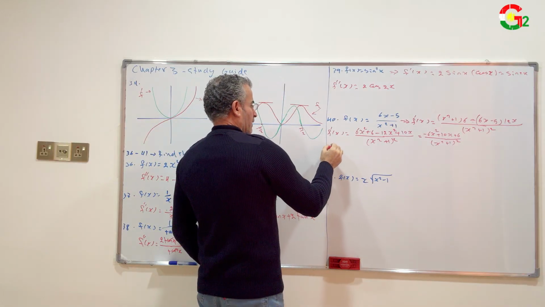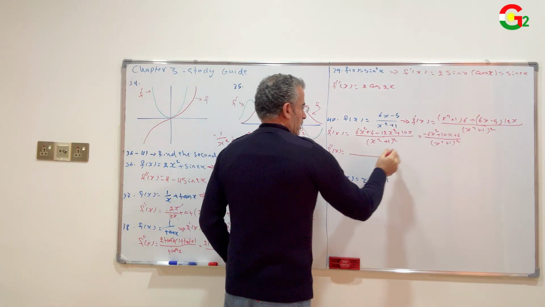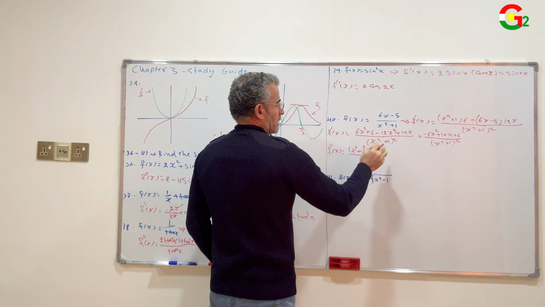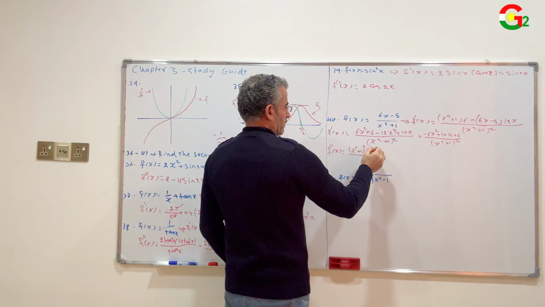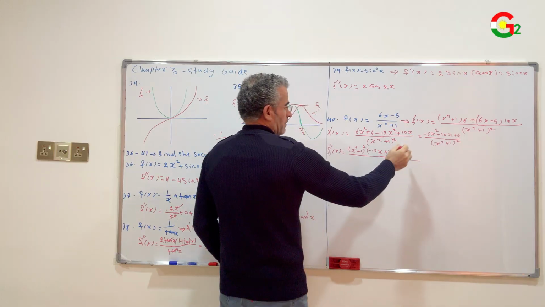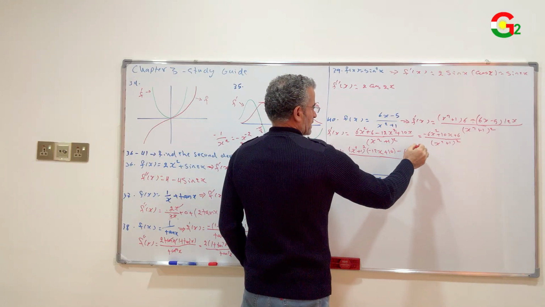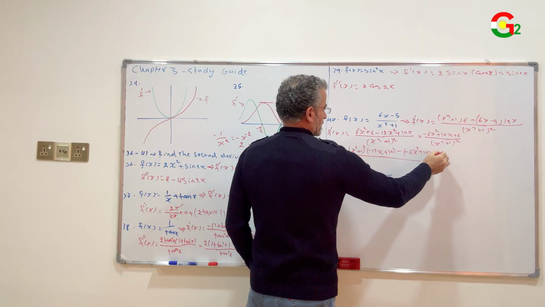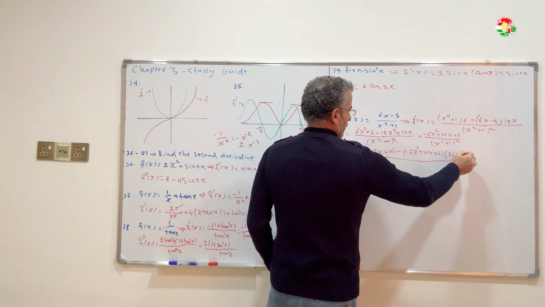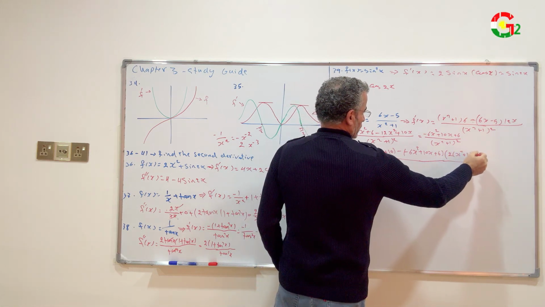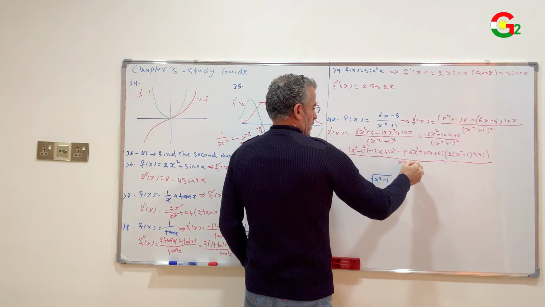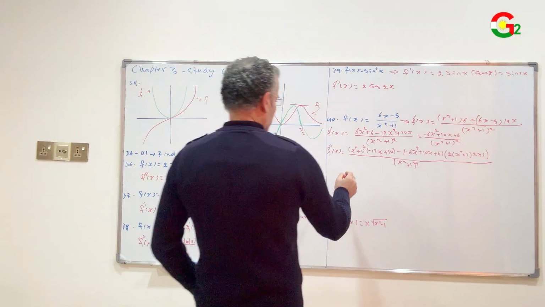The second derivative, f double prime of x, equals the denominator x power 2 plus 1 squared times the derivative of the numerator, negative 12x plus 10, minus the numerator negative 6x power 2 plus 10x plus 6 times the derivative of the denominator, 2 times x power 2 plus 1 times 2x, over x power 2 plus 1 power 4, equals.